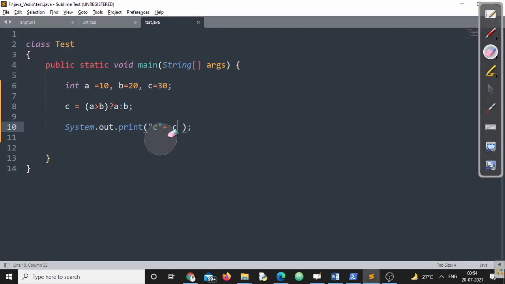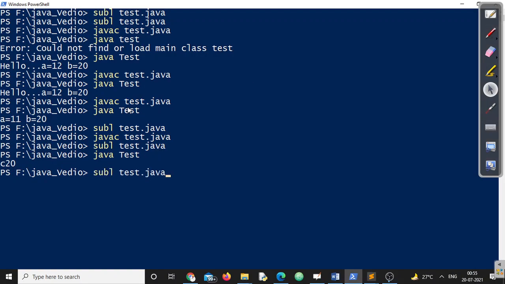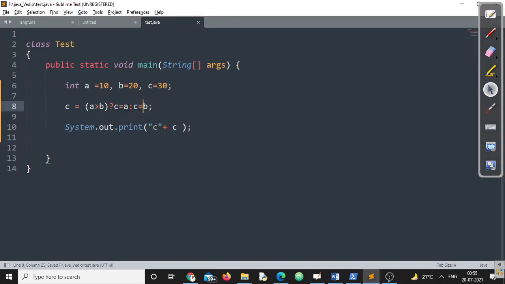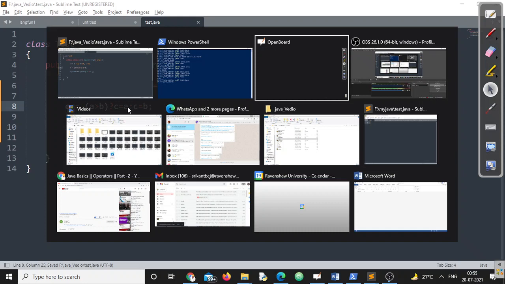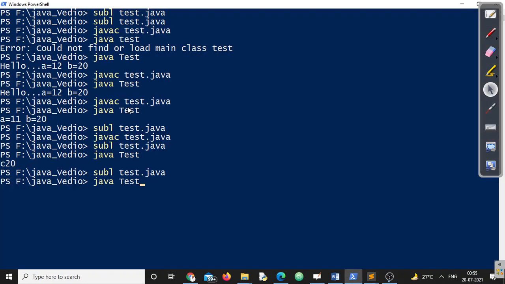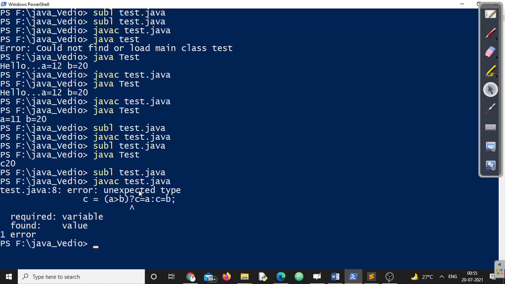In case by mistake, if I am writing here C equals A followed by C equals B, let's see what is going to happen. What will my compiler say about this? Let me save my program. Let us compile my program. Let's see what my compiler says. Immediately my compiler says unexpected type.